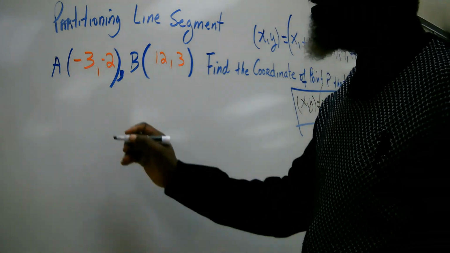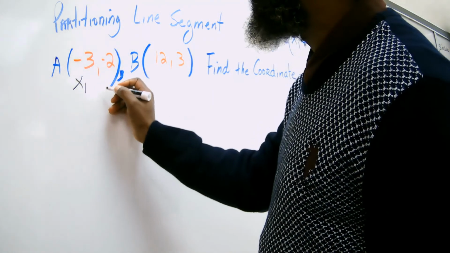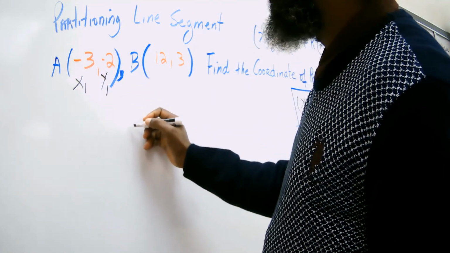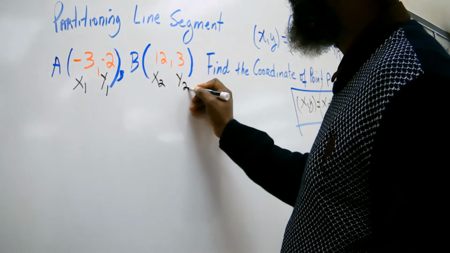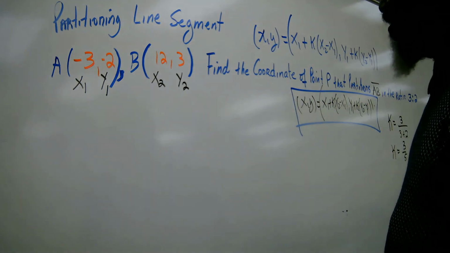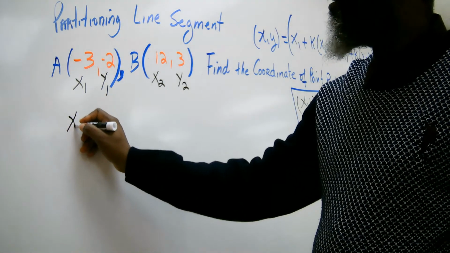We have the formula already set for us. Negative 3 is your x1, negative 2 is your y1, 12 is your x2, and 3 is your y2. So we're going to replace that in order to find the point.